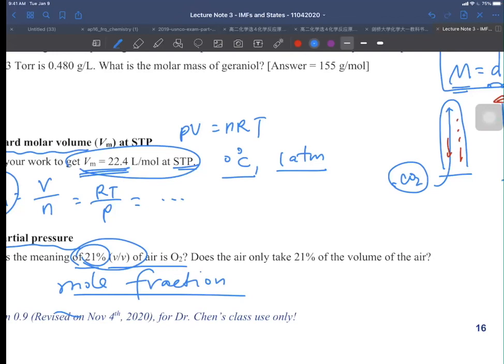So which means if the atmospheric pressure is 1 atm, what will be the partial pressure of the O2? That will be 0.21 atm, right? Does this make sense to you?